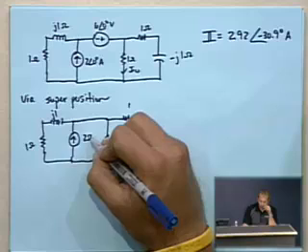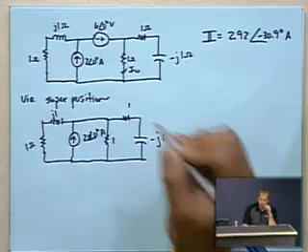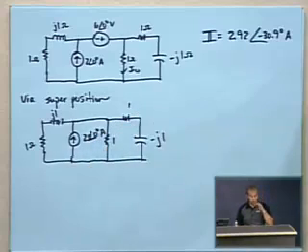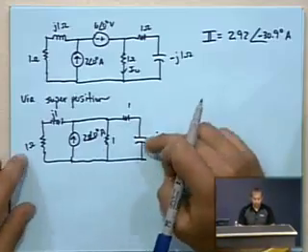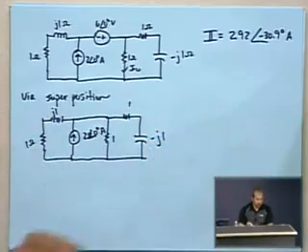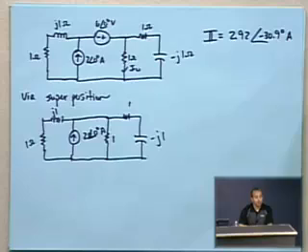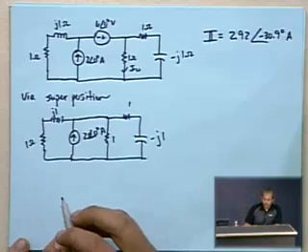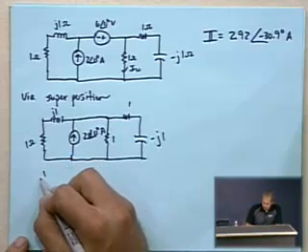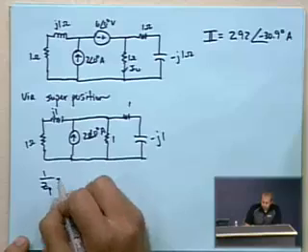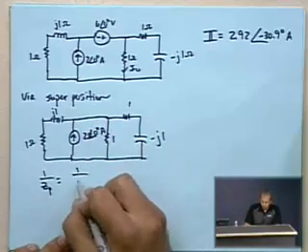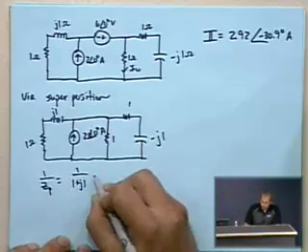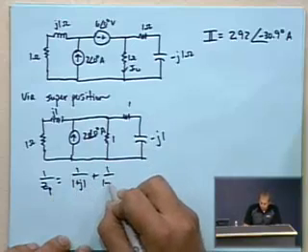And essentially we can just do a current divider to figure out what it is, as long as we combine the 2 outside branches in parallel, get it down to 2 branches so that we can do a simple current divider. So the equivalent parallel resistance of the 2 outside branches will be 1 over 1 plus j1 plus 1 over 1 minus j1.